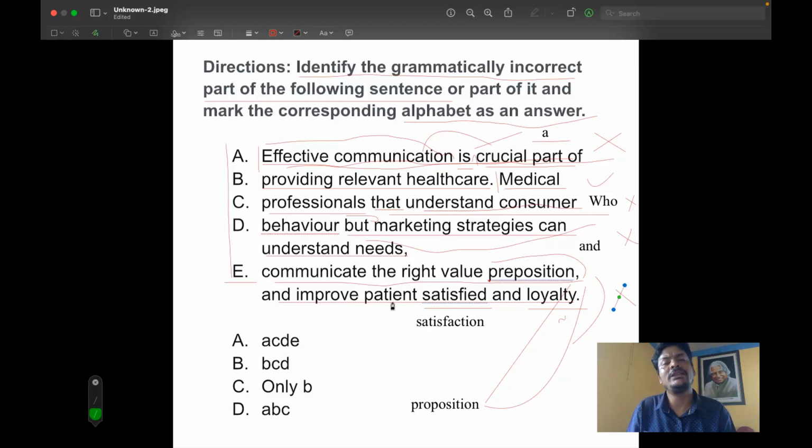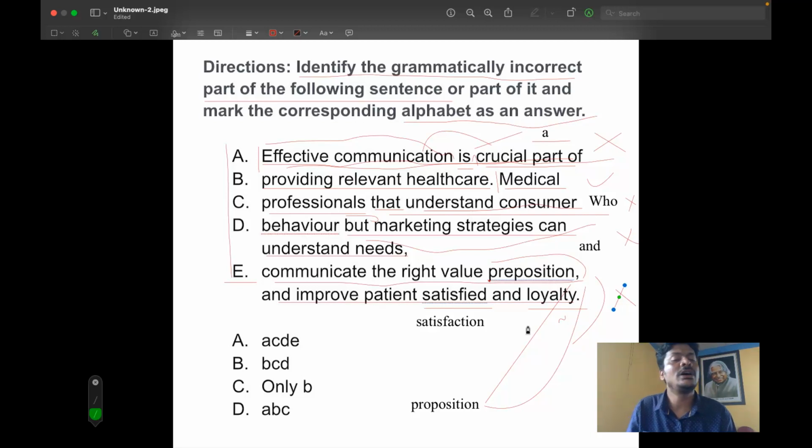If you make the sentences correct, you would say: effective communication is a crucial part of providing relevant healthcare. Medical professionals who understand consumer behavior and marketing strategies can understand needs, communicate the right value proposition, and improve patient satisfaction and loyalty.